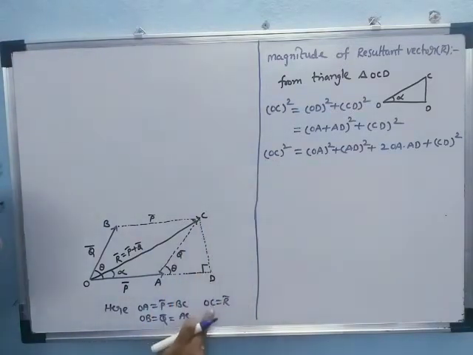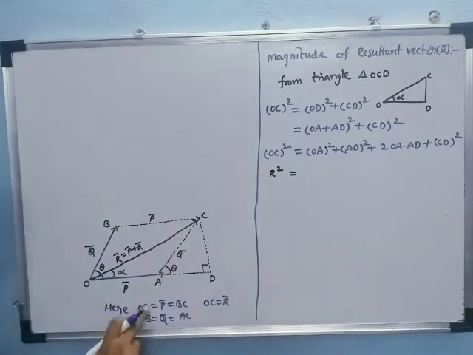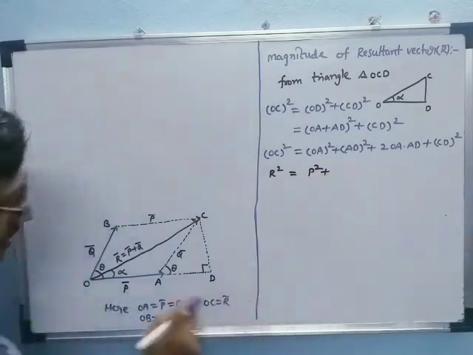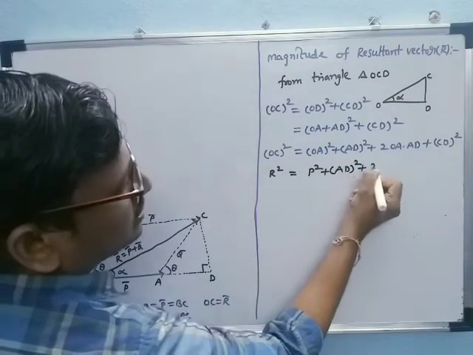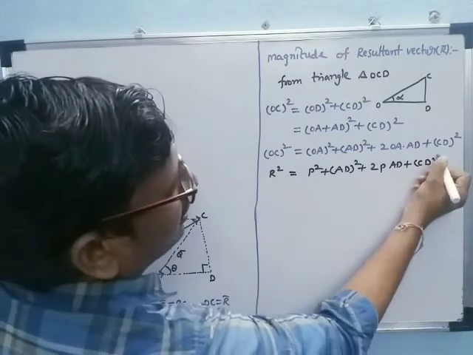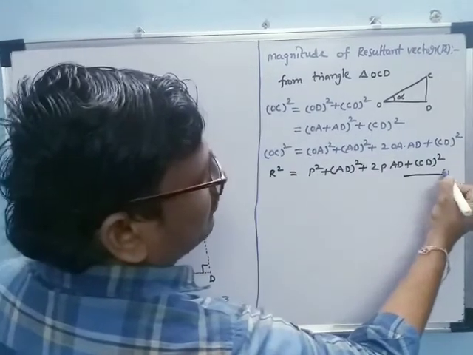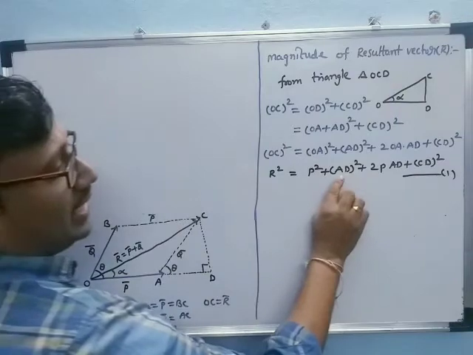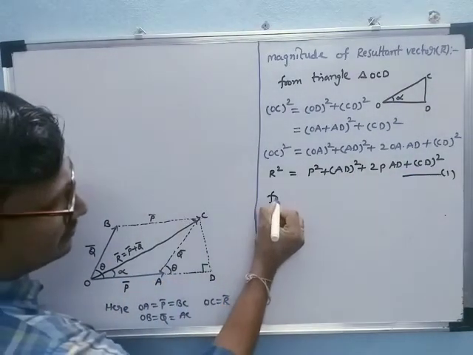OC is R, so R square equals OA square, that is P square, plus AD square, plus 2 OA times AD, which is 2P times AD, plus CD square. This is considered equation number 1. Now we can find the values of AD and CD from the triangle.